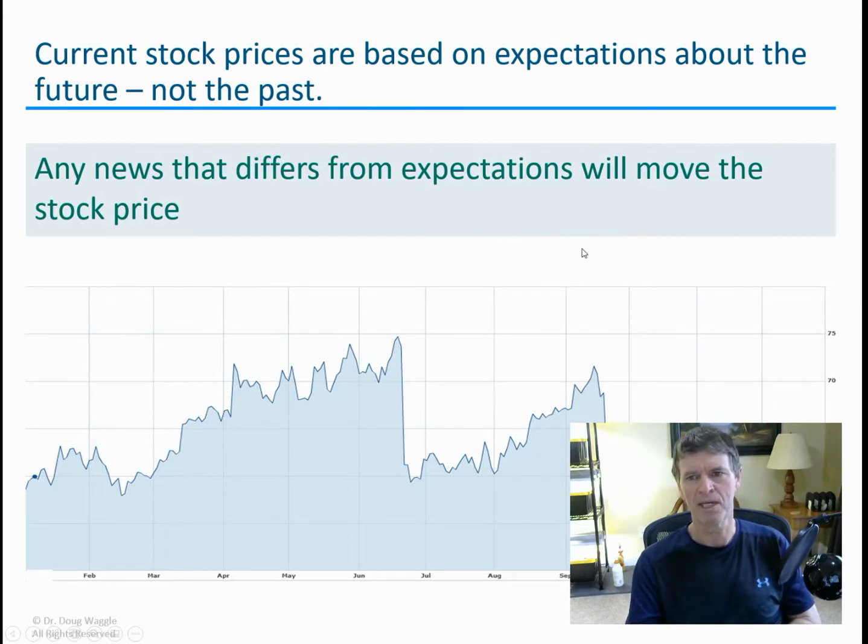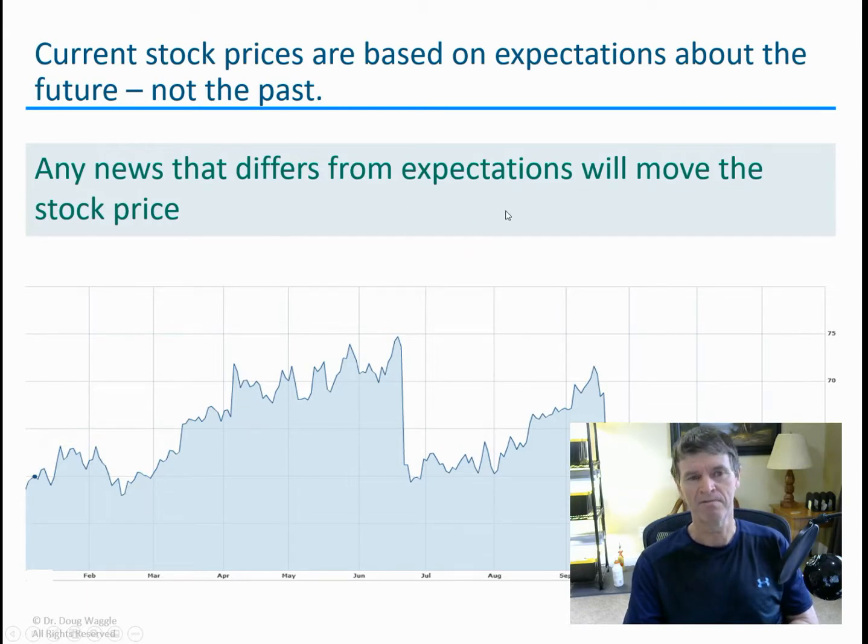So prices are based on expectations about the future. If word suddenly came out today that a vaccine is expected to be on the market in a few weeks, and I haven't heard anything like that, but if something did come out like that, then the stock market would jump up, not because the virus is gone now, but because there is a strong expectation that it will be gone shortly.